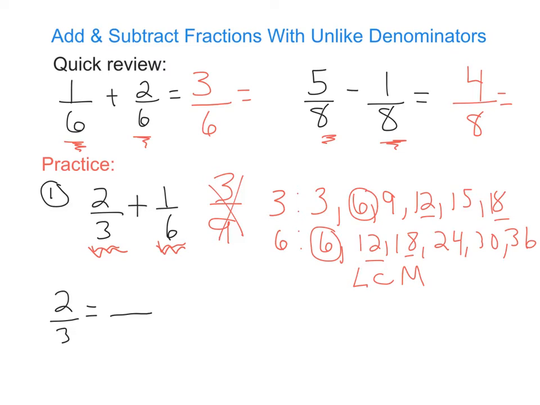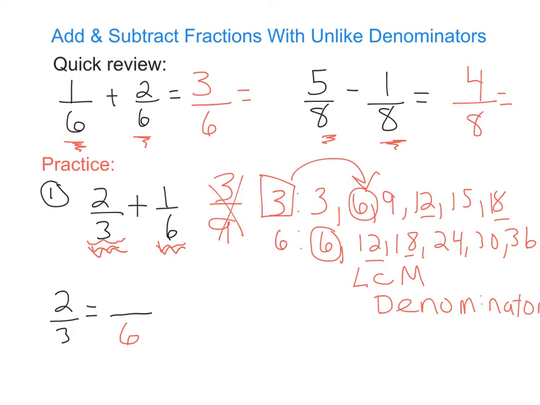I know that when I'm looking at the denominator 3, I come over here to this 3 and I notice that the 6 is going to be my new denominator. So when I find the least common multiple, that's going to help me find my new denominator. So that's what I'm looking for. My new denominator is 6.